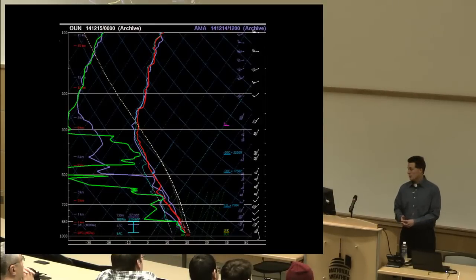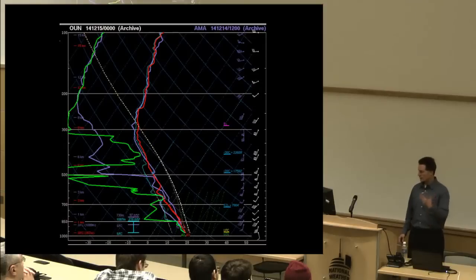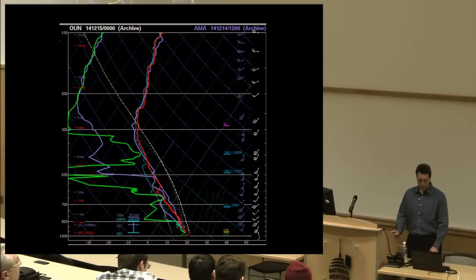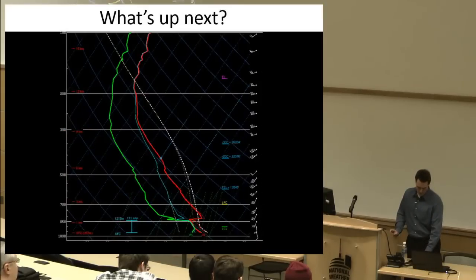This is one of the relatively rare cases where mid-level cold advection may have actually helped with a lot of the destabilization. However, you don't see this particularly often with big tornado events. Some severe weather, yes, but usually the big events don't look anything like this in the warm sector. But you can do it. There are a number of ways. Again, get your hands dirty, roll up your sleeves, and look at the data.